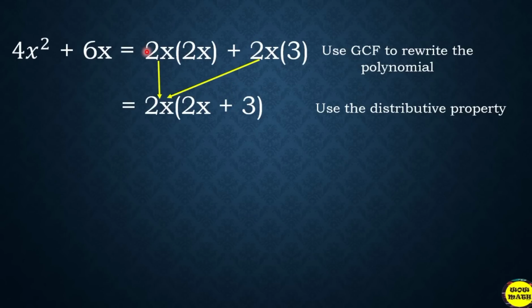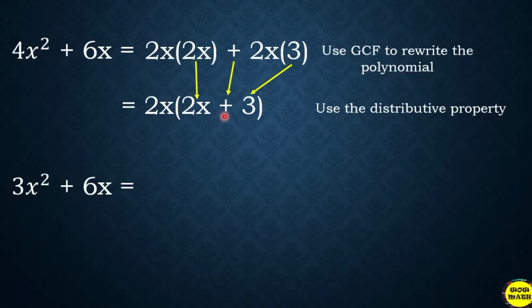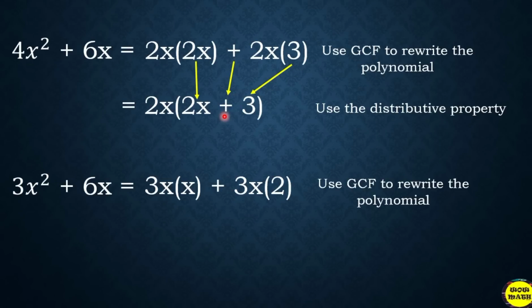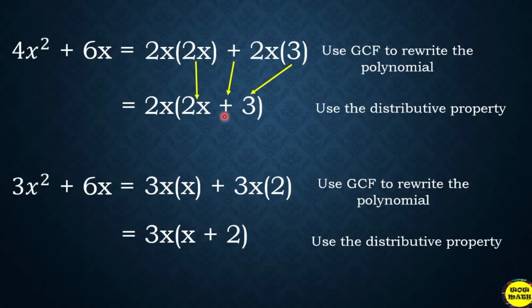So, 2x, ito siya. And then, copy lang natin ito. Ito ang ilalagay natin sa loob ng parenthesis. And also, your operation, which is plus. Another. So, the GCF is 3x. So, kopyahin lang natin yung 3x. Ayun siya. And then, yung x plus 2, ayun po siya.